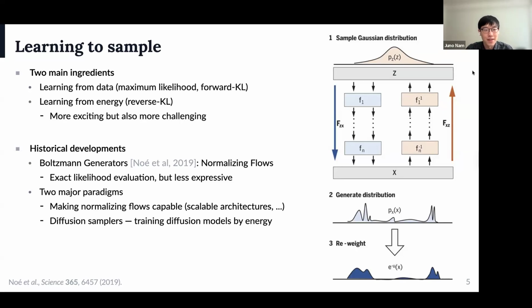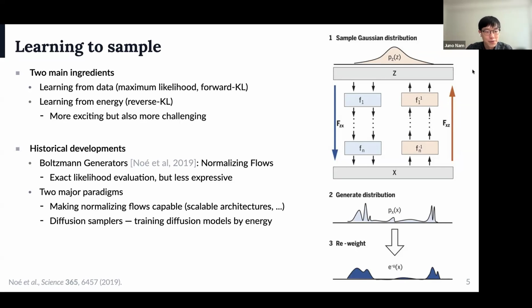Historically, this line of learning the sampler started from the seminal work of Boltzmann generators, which developed normalizing flows that convert the prior to the data distribution and could be learned either from data by using maximum likelihood or from the energy function by using reverse KL divergence.